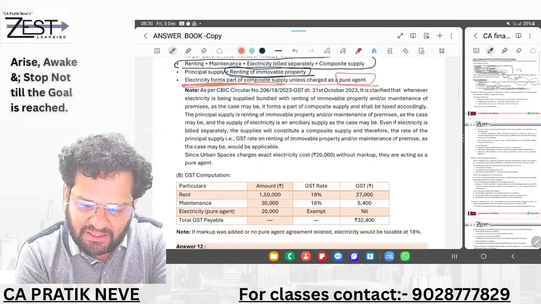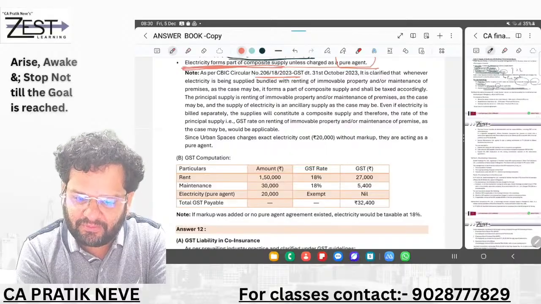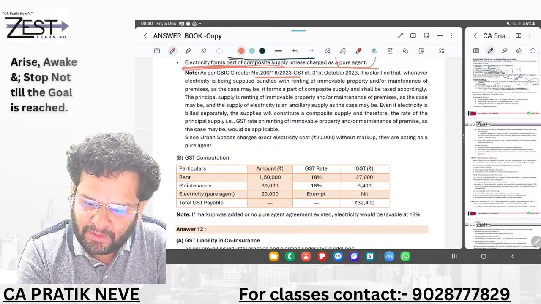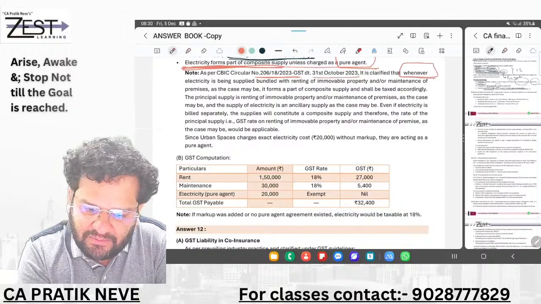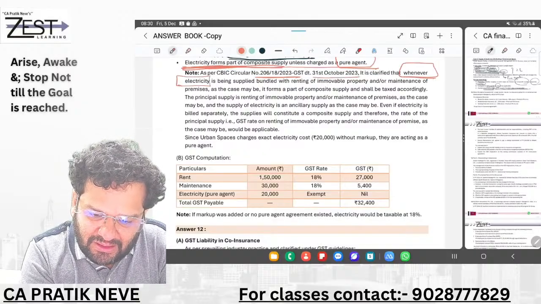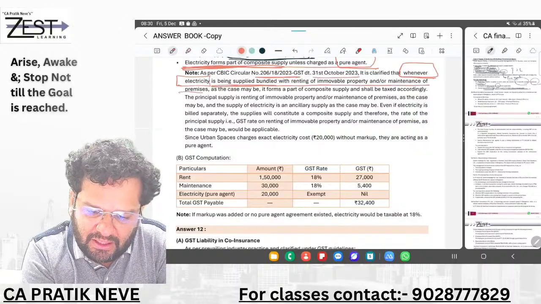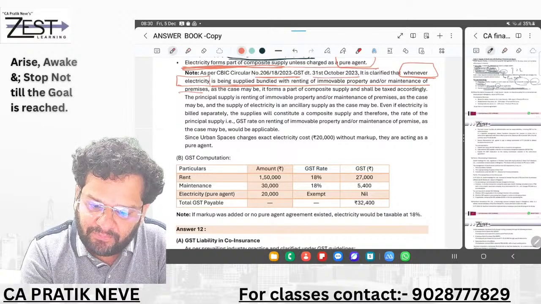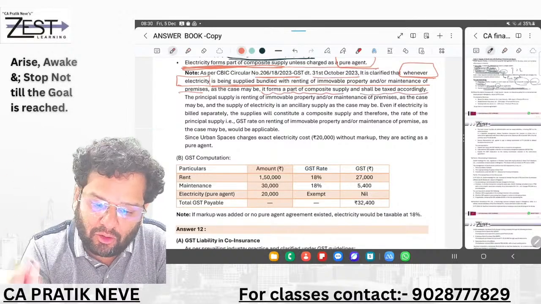As per CBIC Circular number 206/18/2023-GST dated 31st October, it is clarified that whenever electricity is being supplied bundled with renting of immovable property and maintenance of premises, it forms part of composite supply and shall be taxed accordingly.